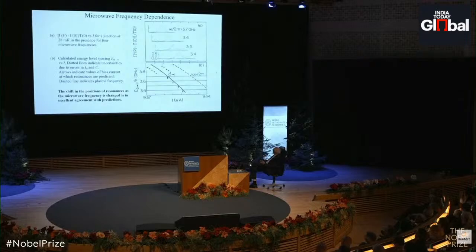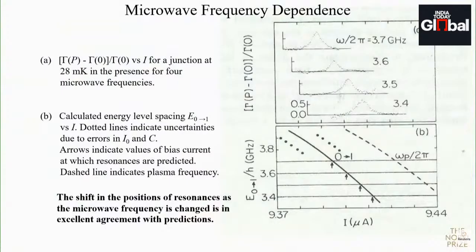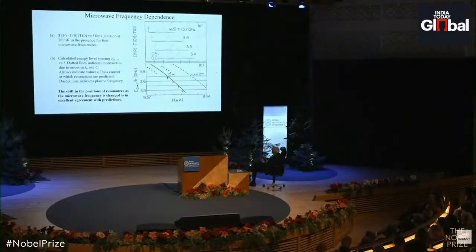Well, now let's look at the microwave frequency dependence. In the top curve, that is A, we're looking at gamma P minus gamma 0 over gamma 0 versus the bias current in the presence of 4 different microwave frequencies, which are labeled here.